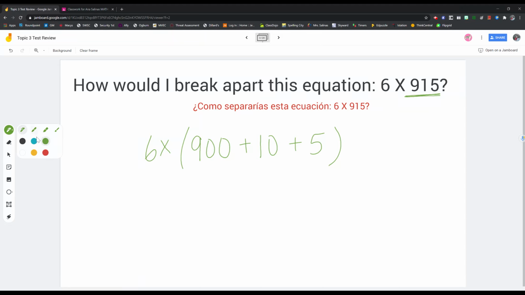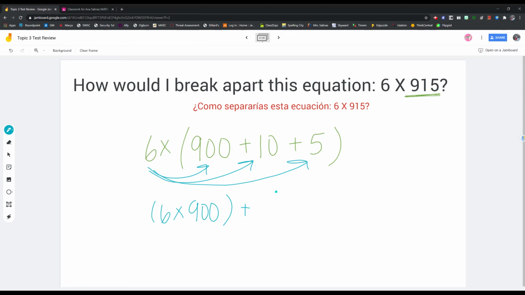And then I can do the next step, which is sharing the outside number with each inside number. So 6 times 900 plus 6 times 10 plus 6 times 5. You have notes for this in your journal as well. We don't need to solve it. It's just telling me how would I break it apart. So we don't need to solve this problem.